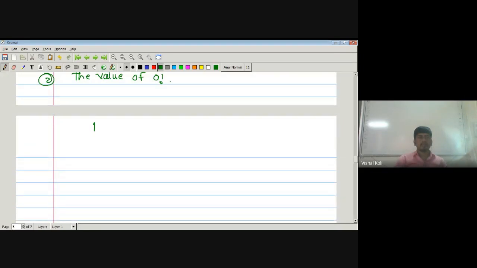Put r equal to n in nPr, we get nPn, which is equal to n factorial divided by (n minus n) factorial.